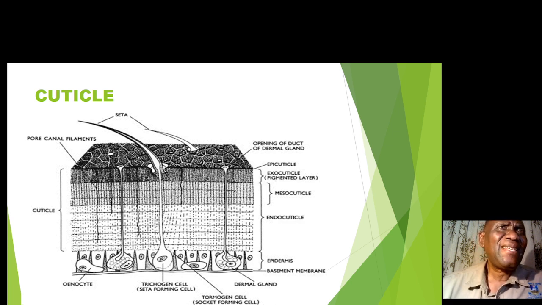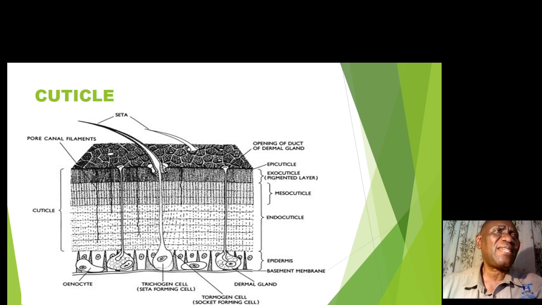We have the epicuticle and the endocuticle. But anyway, as long as you note that there's the presence of this cuticle with the various parts which can prevent the entry of the pesticide, so that it can reach these living cells and cause damage.